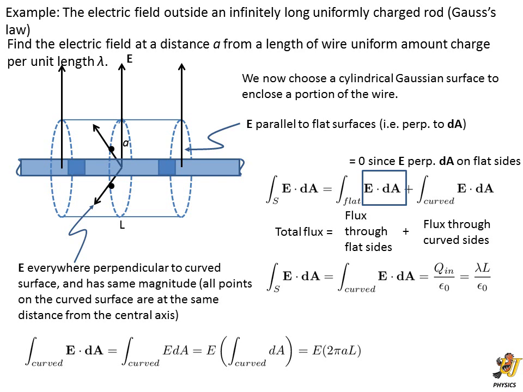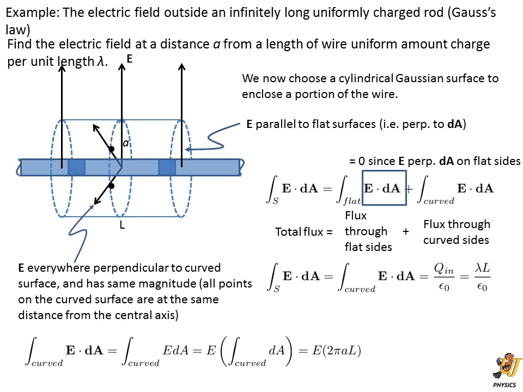Therefore, the dot product E dot dA simply evaluates to the product of the magnitude of the electric field and a tiny little surface element dA. Also, from the axial symmetry of the rod, we know the electric field will be constant everywhere on the curved surface, as all these points are at the same distance away from the rod itself. Therefore, we can take the electric field out of the integral.